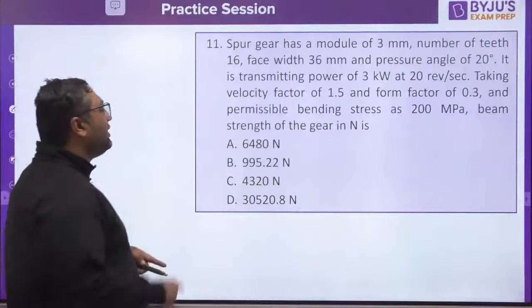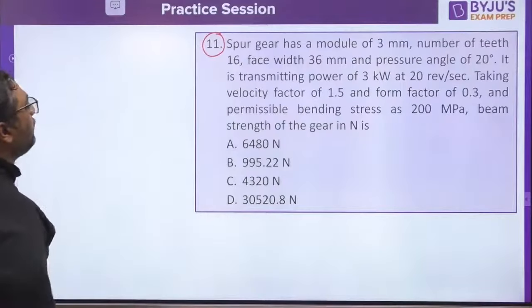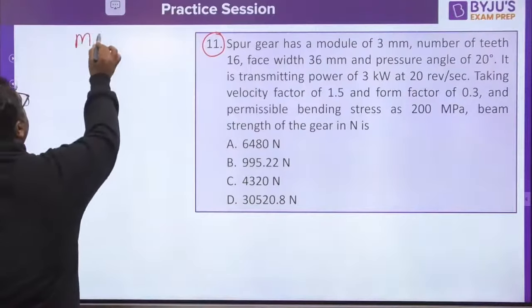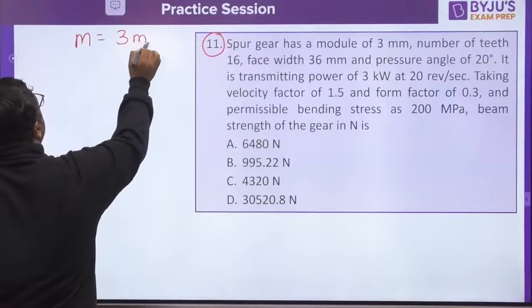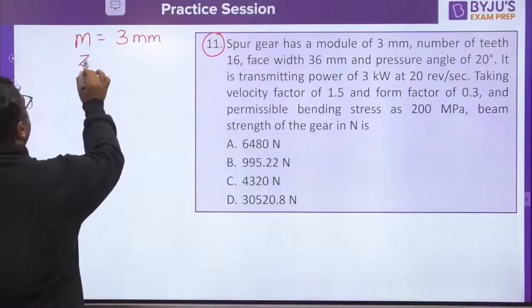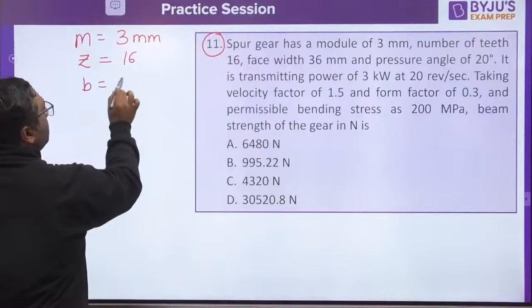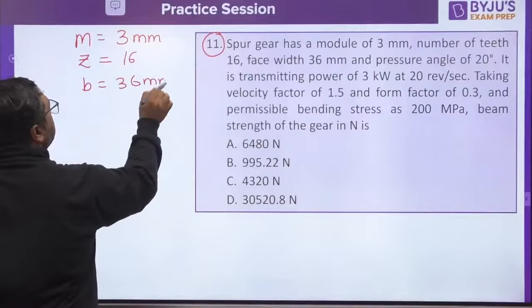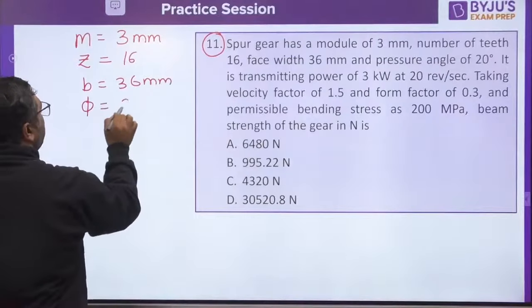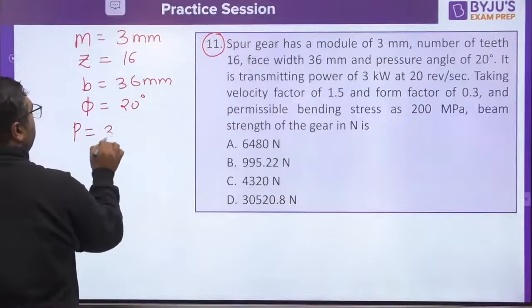Question number 11 is once again from the gears. Spur gear has a module of 3 mm. Number of teeth are 16. Face width 36 mm. Pressure angle is 20 degree. Power is 3 kilowatts.